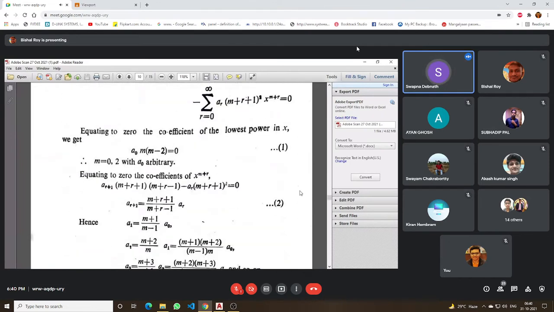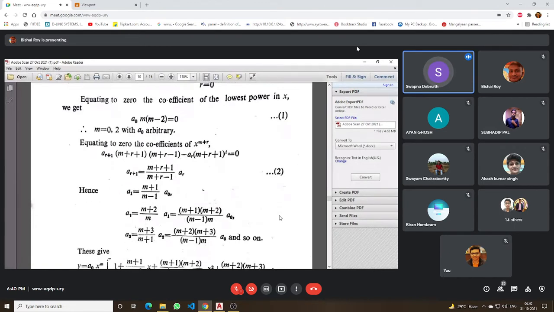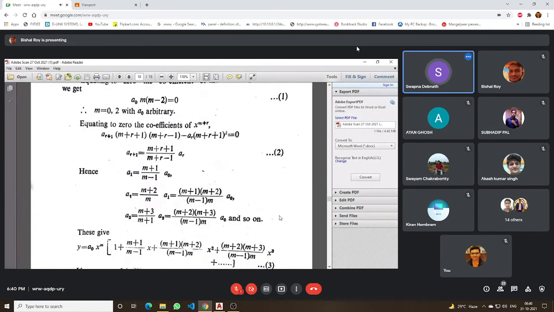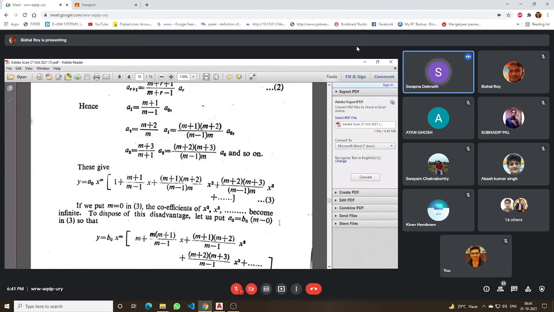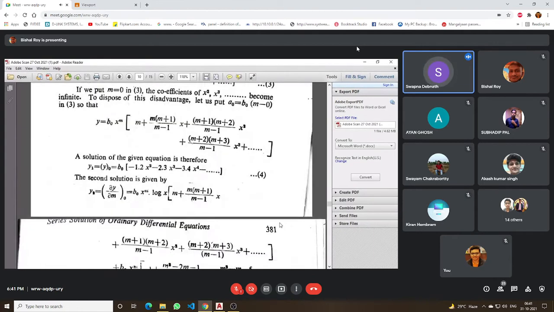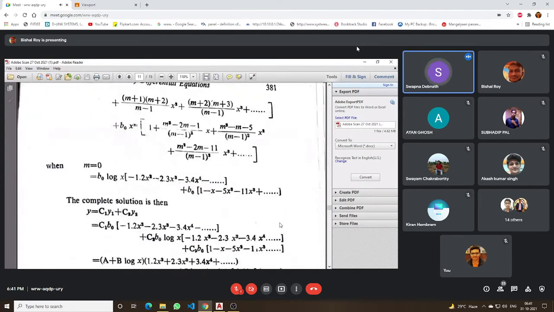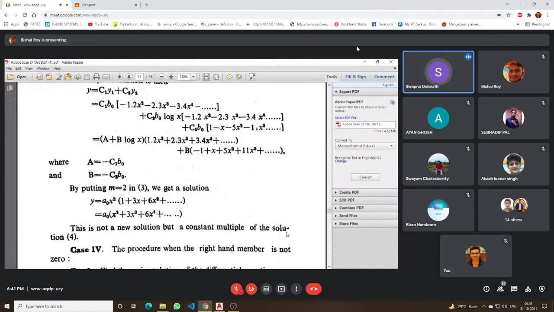The roots are 0 and 2, therefore they are distinct but differing by an integer. Therefore, the solution will be this equation number 3, y and del y del m at m equal to the first value, 0. That will be the solution. You just go through the calculations only, but do not go into the theory so much.